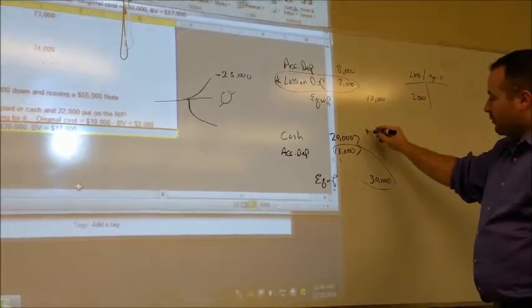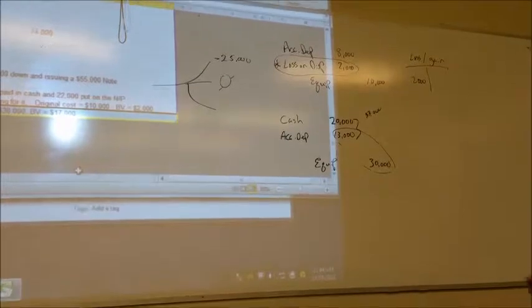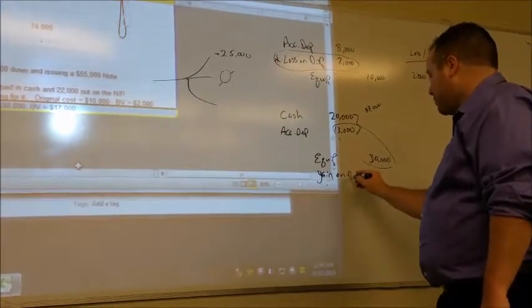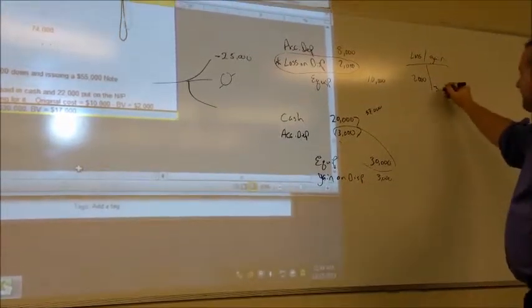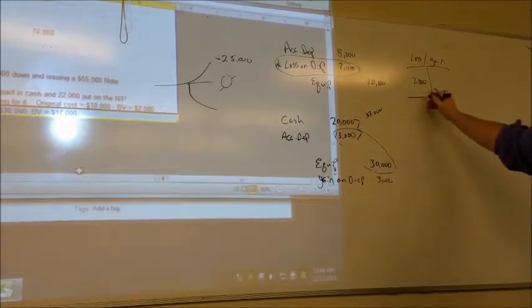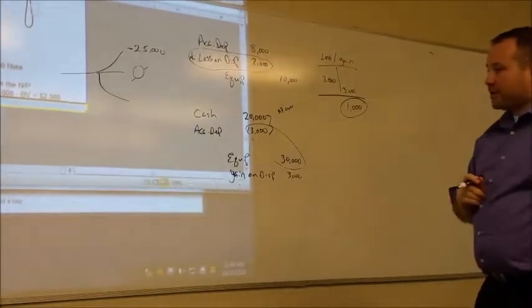These two here equal $33,000 debit, only $30 in my credit. So my last entry here is a gain on disposal for $3,000. In my loss gain category, I have a final balance of $1,000.